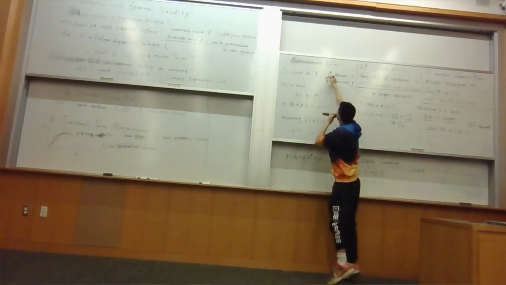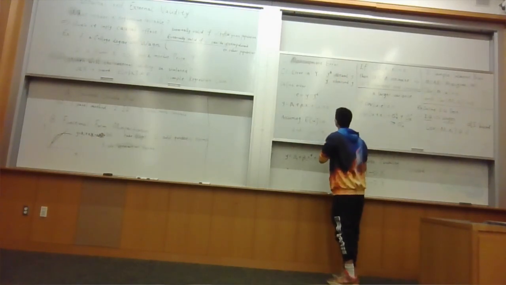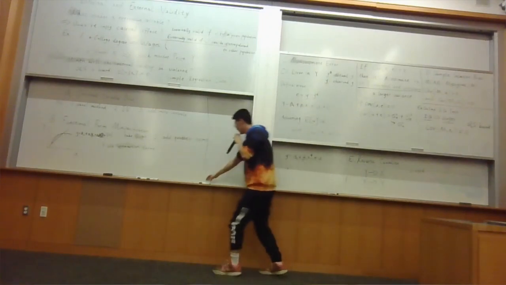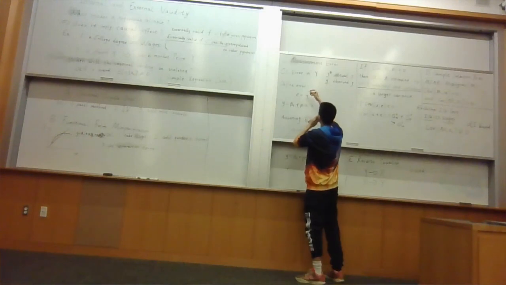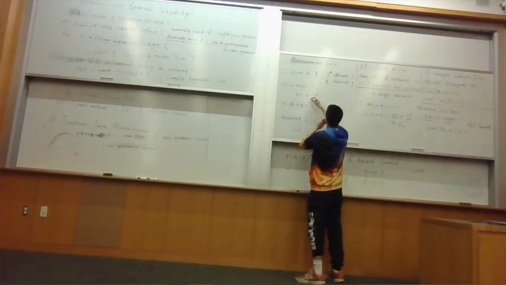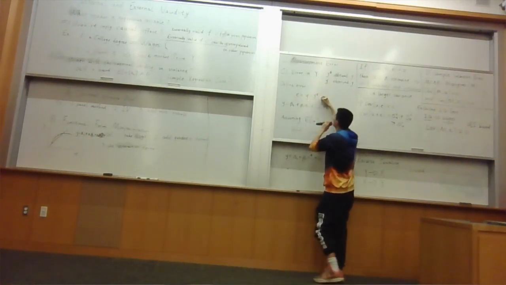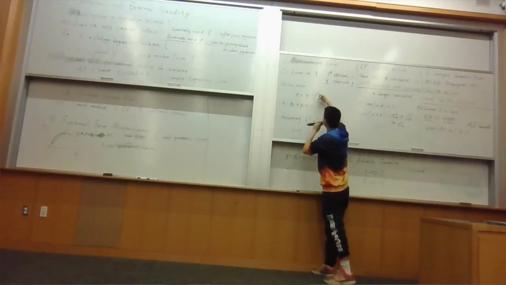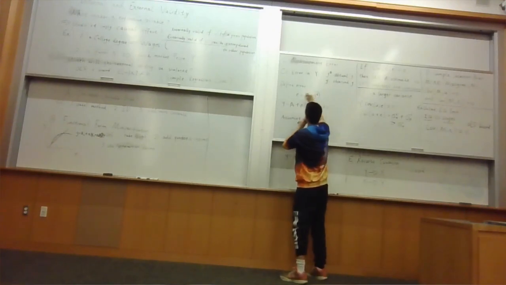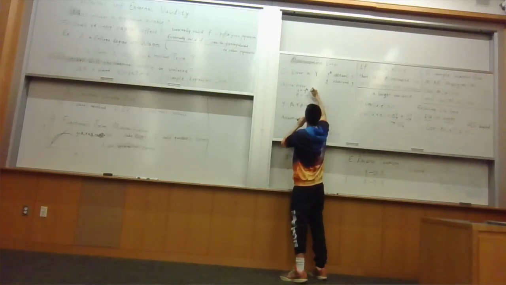Let's define the measurement error to be e, your observed y minus y star, the actual y. You cannot observe this one. So your y is actually the actual y star plus the error.